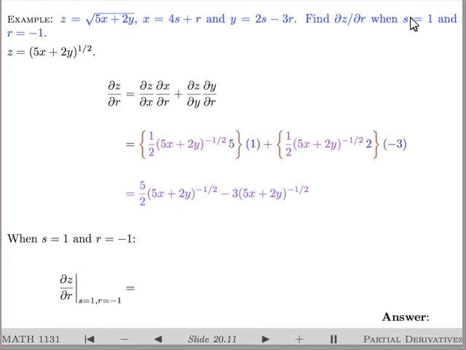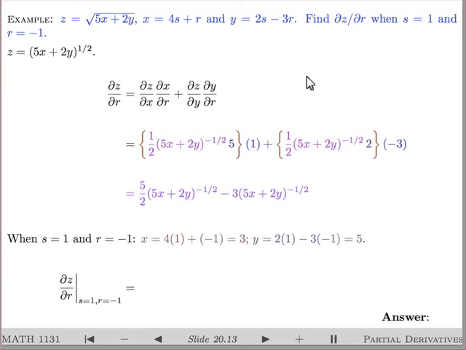Now we are going to substitute s equals 1 and r equals negative 1. But since my answer at this step is in terms of x and y as well, I need to find their values first. X is 4s plus r, which will be 3, and y is 2s minus 3r, which will be 5.